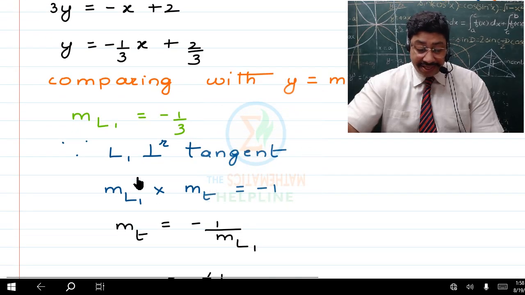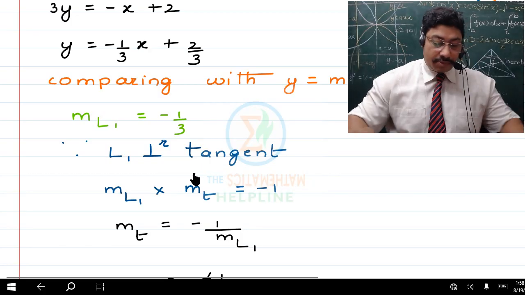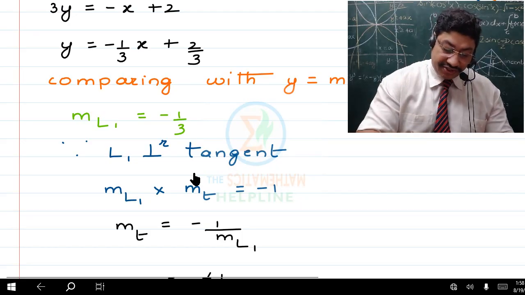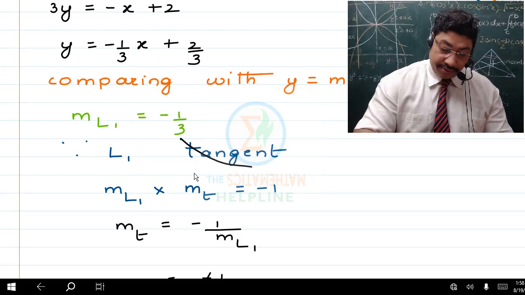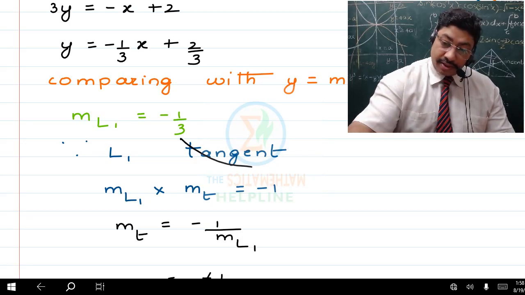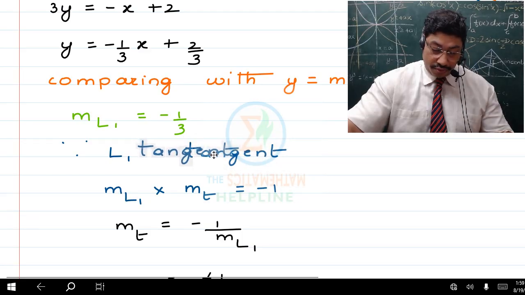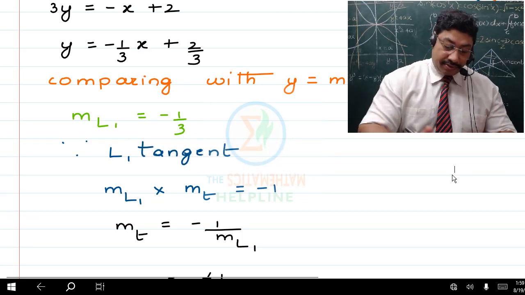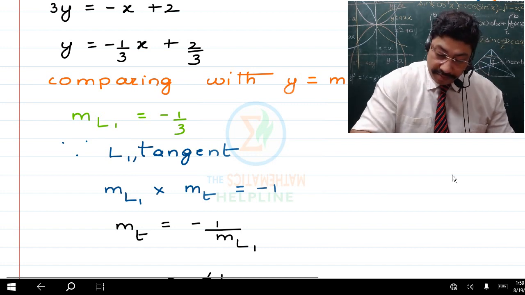So here we will say that if we talk about the line L1, and if you talk about the tangent, both of these are perpendicular.